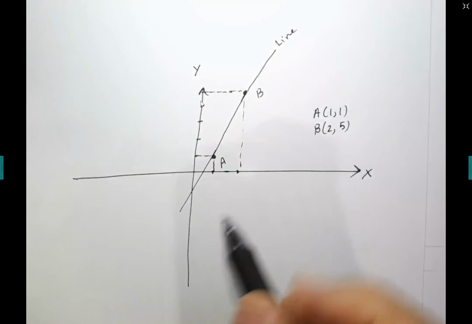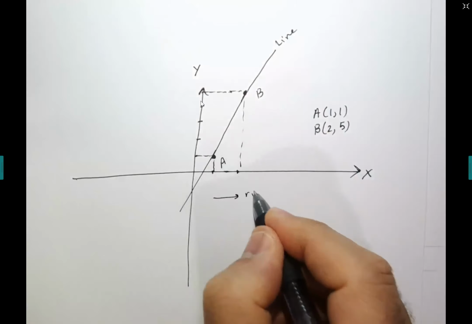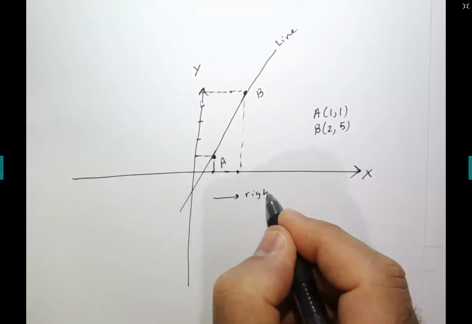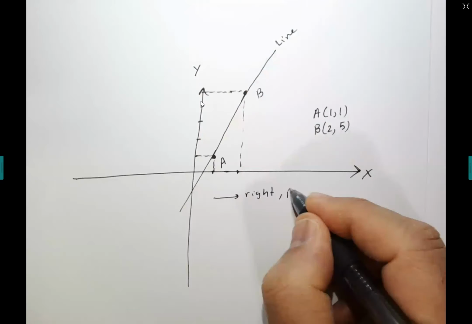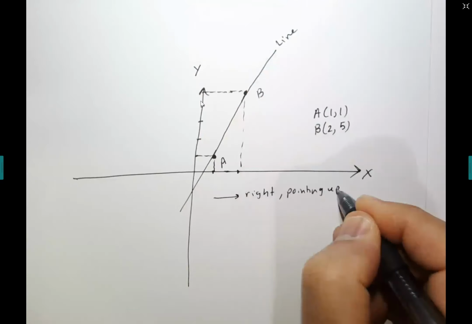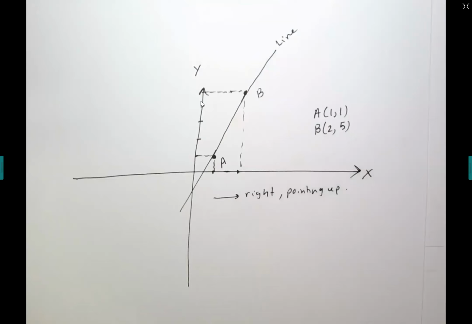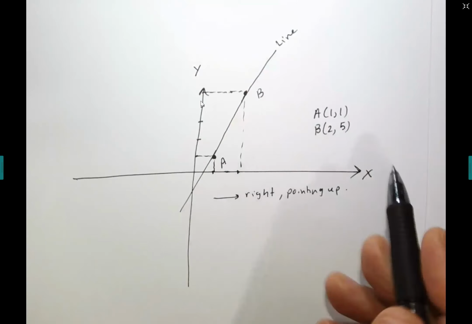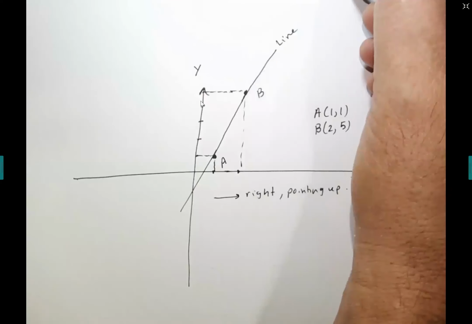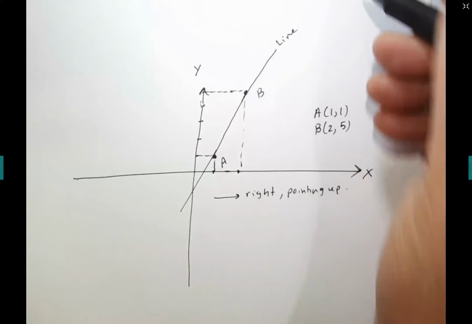As you move to the right, guys, this line is pointing up. We say that this line has a positive slope, the steepness of the line. So as you travel to the right, guys, and the line keeps going up, up, up, you say this line has a positive slope.